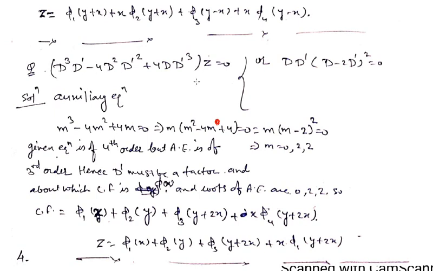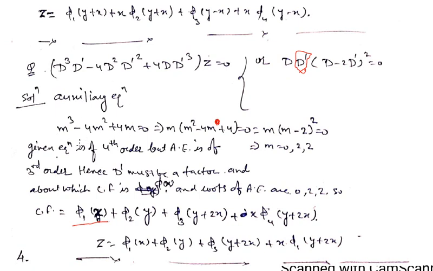So when we write it in this form, we look here, D' is also a factor of this equation, and about D' we can write φ1(x) as a part of CF.